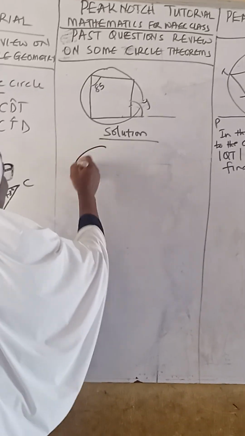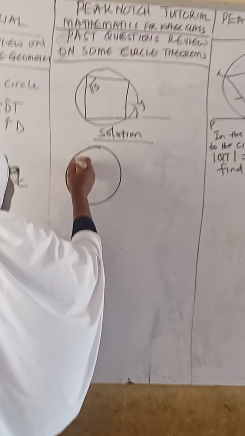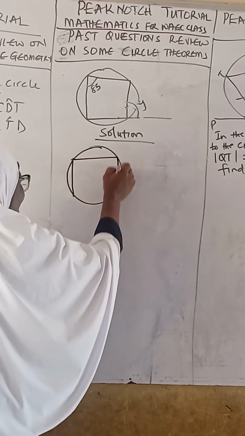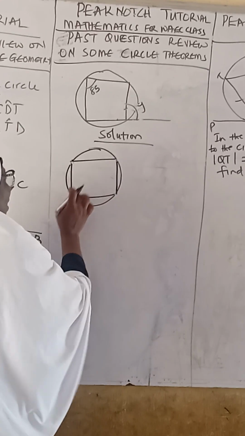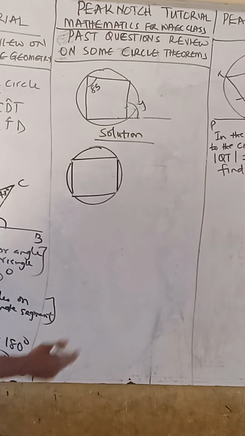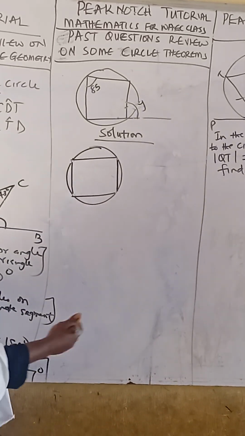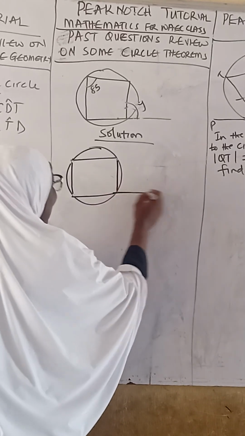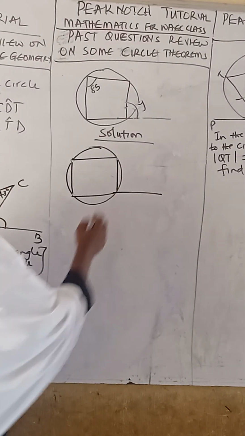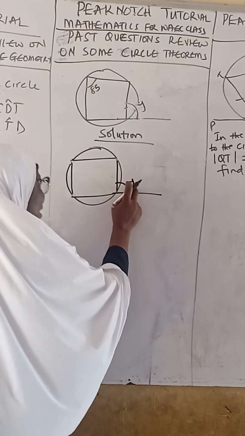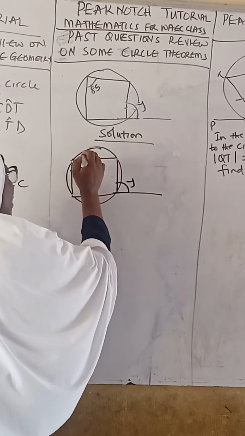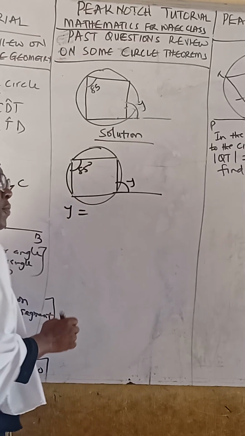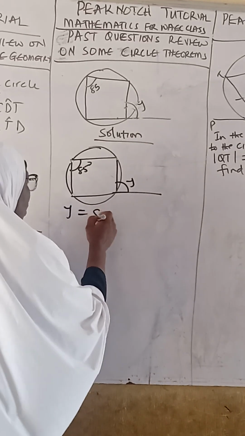So looking at this, because I am seeing a cyclic quadrilateral, all the vertices are touching the circle. That makes it a cyclic quadrilateral. So a line extending from it, this outside one must be equal to this inside one. So without stressing yourself, y is equal to 85 degree.